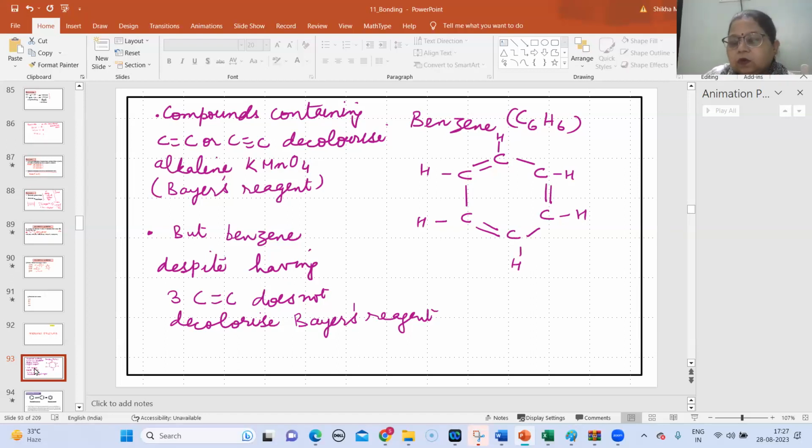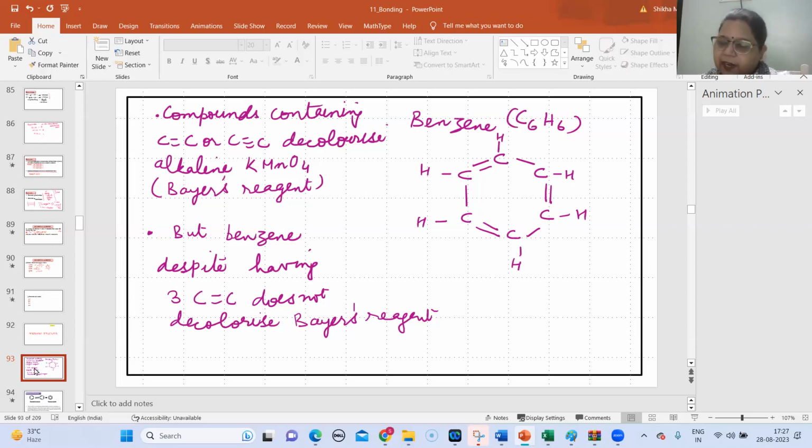Now, I have told you in the last class that the compounds which contain either a carbon-carbon double or carbon-carbon triple bond decolorize alkaline KMnO4, which is commonly known as Bayer's reagent. More details of this will be taught to you in the chapter of hydrocarbons.